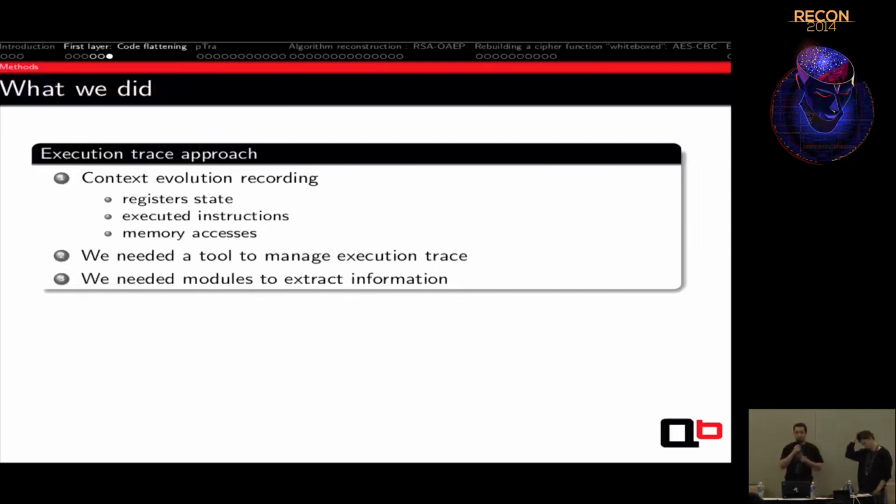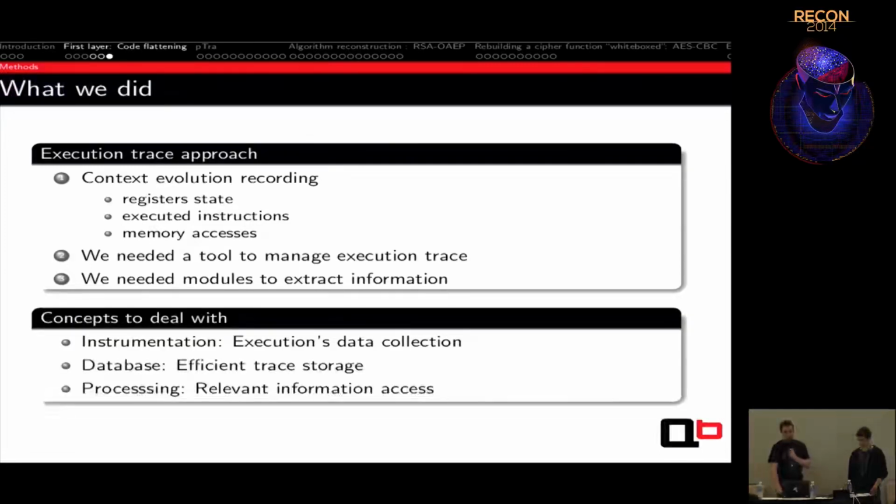Then we needed a tool to manage the execution trace we produced, and then some module to access the execution trace data to extract the relevant information. So here is the list of the components to deal with: the instrumentation, data collection, the database, so the efficient trace storage, and then processing, so the relevant access to the information. So we made a tool that we named Petra, and Camille will present it to you now.